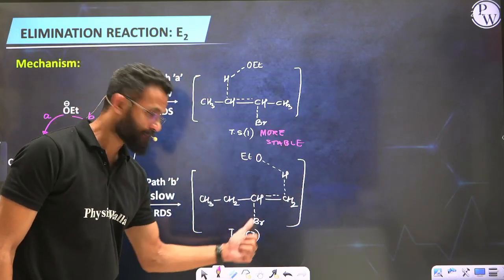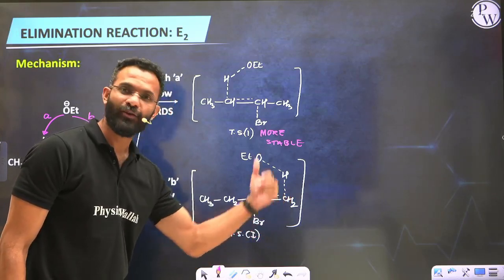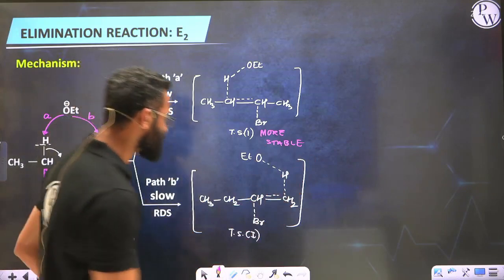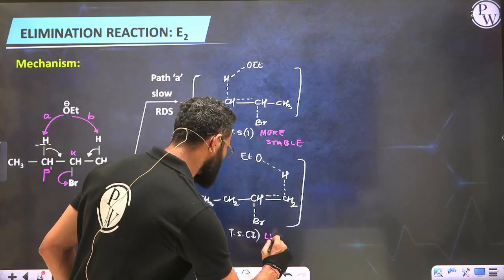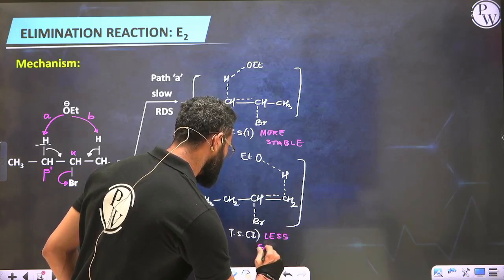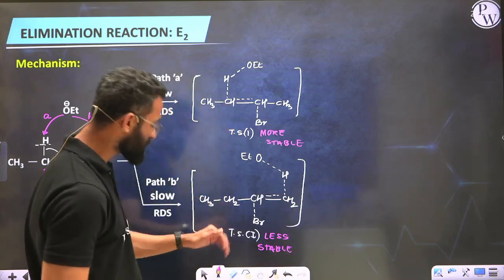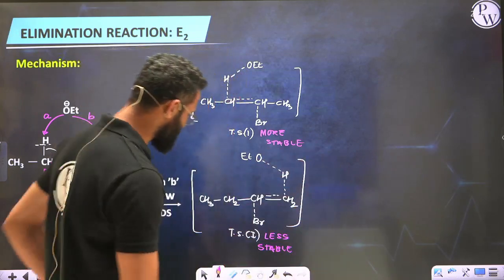On the other hand, this has a partial pi bond character between two carbons which is going to form a less substituted alkene. So this is the less stable transition state, and the alkene formed from this transition state is going to be the less stable one.